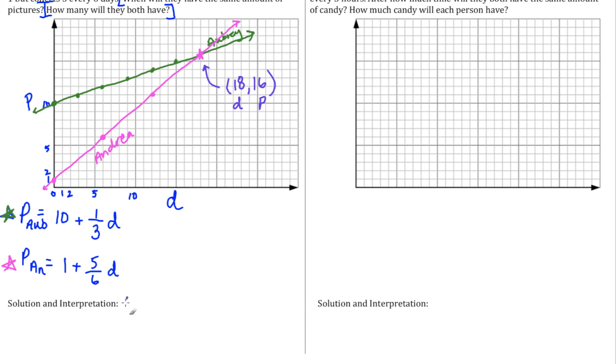So 18, 16. And in terms of the word problem, let's describe 18, 16 in terms of the word problems.